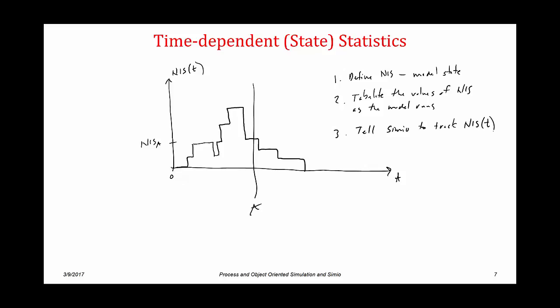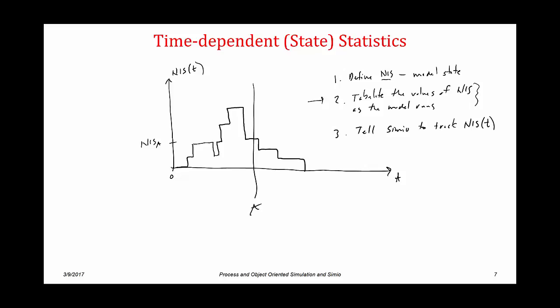So in other words, we've defined a model state called NIS. We've then updated that value during the run of the simulation appropriately, and then we tell semio, I want you to watch this value over time. For the number in system time-dependent statistic, clearly in step 2, we increment the value whenever an entity arrives, and then we decrement the value whenever an entity leaves.